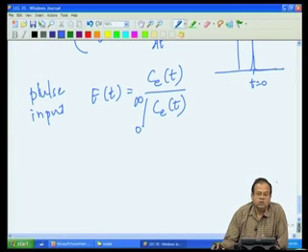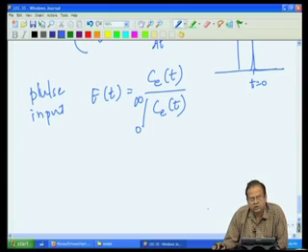Now, what is the need for doing this? The need is that once we determine our exit age distribution, for example E(t) from my pulse experiments or for my step inputs, I would like to propose a model for how this reactor behaves.